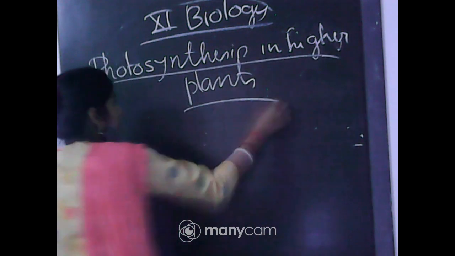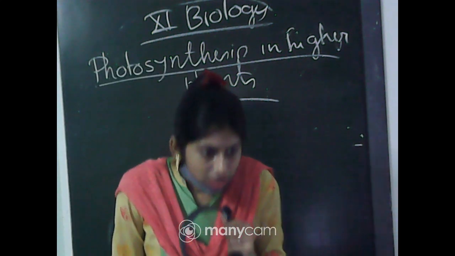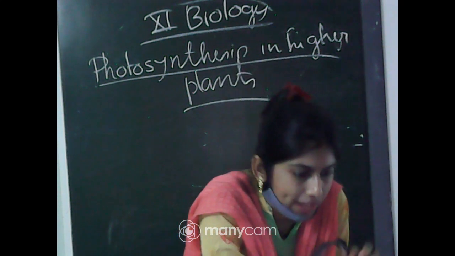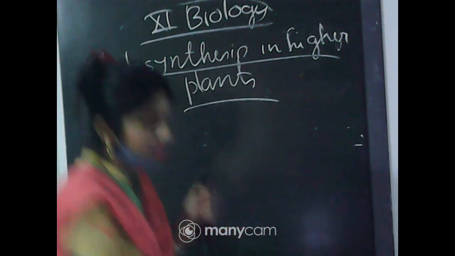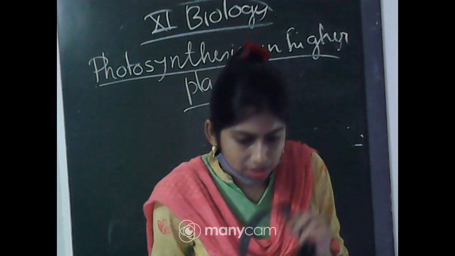In my previous classes I have discussed the different photosynthetic pigments, and today we will get to know two other new terms, that are absorption spectrum and action spectrum. Just open your book and open page number 210.